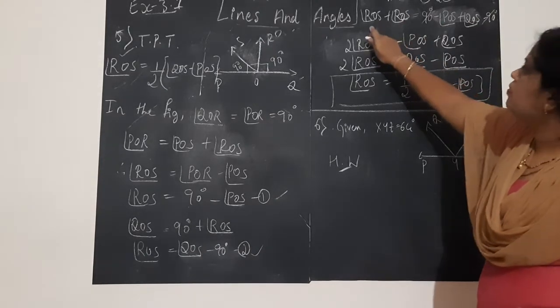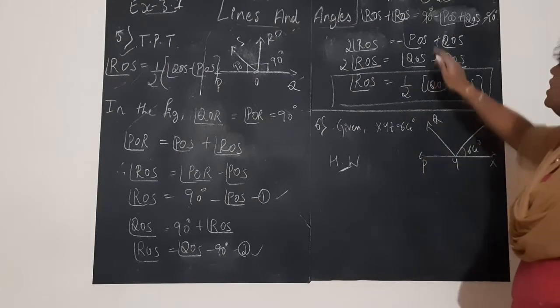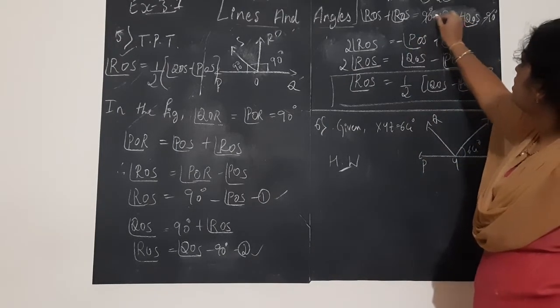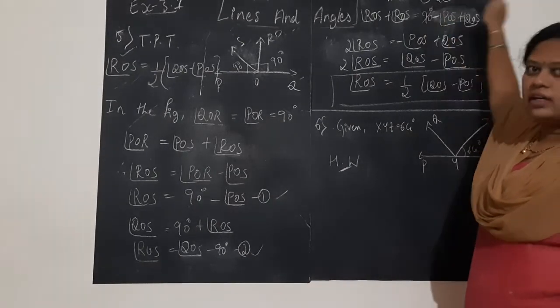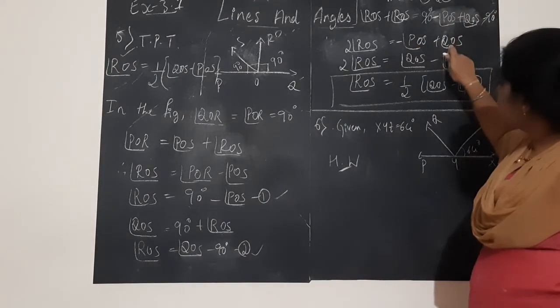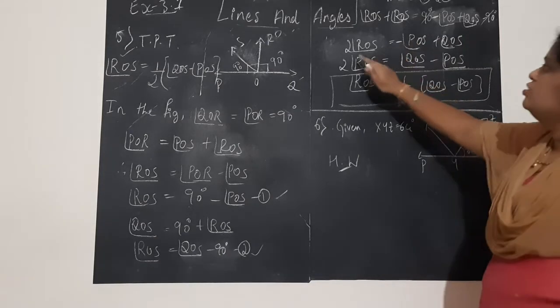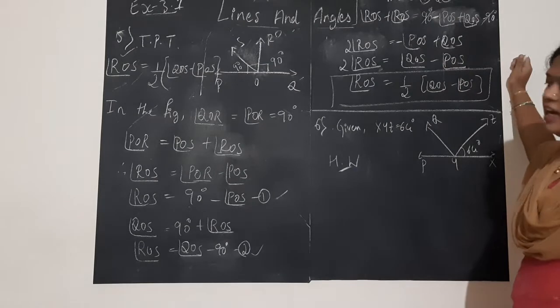In the next step, ROS plus ROS is 2 times ROS is equal to, look children, this is minus POS, don't forget this sign. 90 degree minus POS, and 90 degree got cancelled with the other 90 degree. So I am left with minus POS plus QOS. Let me keep the plus term in the front. So 2 times ROS is QOS minus POS, just rearranging.